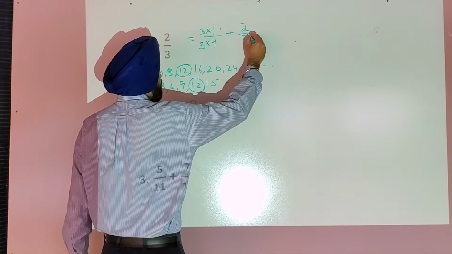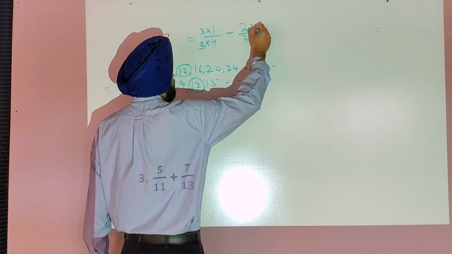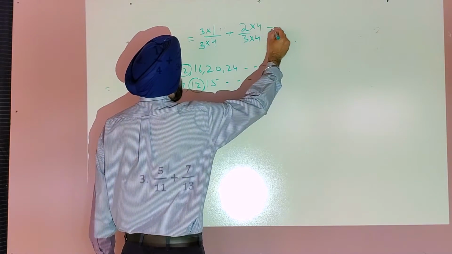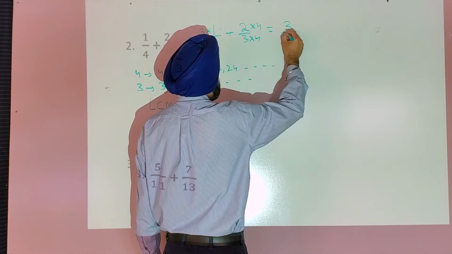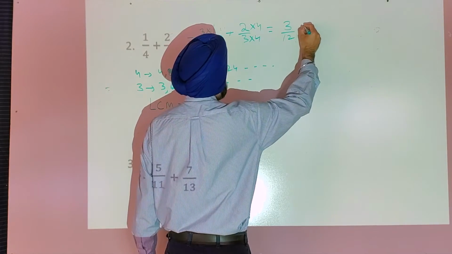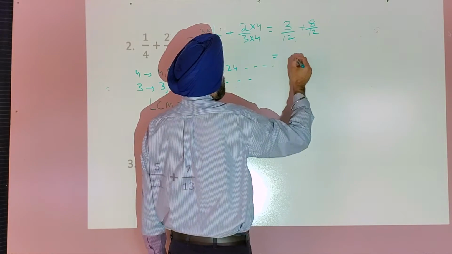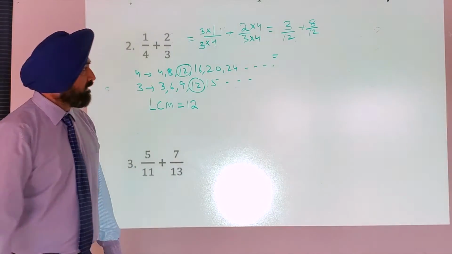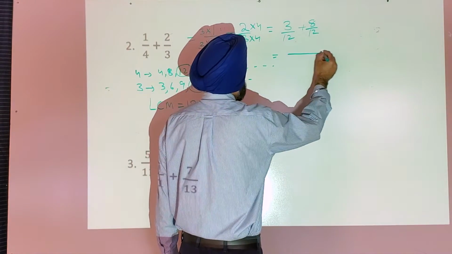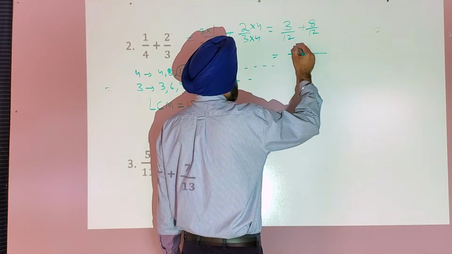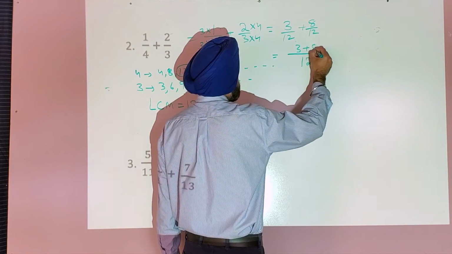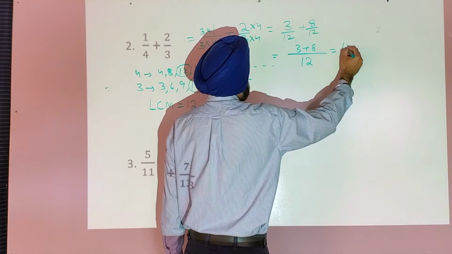Times 4. Times 4 at the top also. What we get here is 3 over 12 plus 8 over 12. Now both denominators are the same. So write the denominator only once and add the top numbers. 3 plus 8 is 11 over 12.